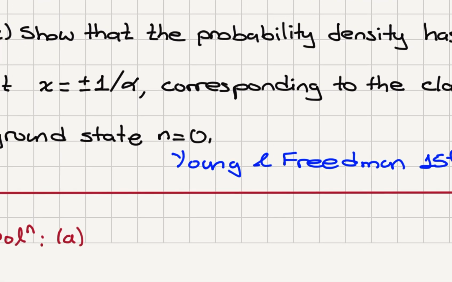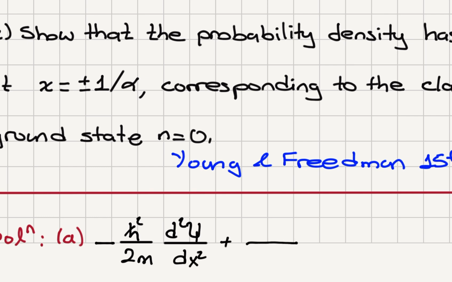So let's write down Schrödinger's equation for the one-dimensional harmonic oscillator. It is minus h bar squared divided by 2m times the second derivative of the wave function, d squared psi dx squared, plus the potential term 1 over 2 m omega squared x squared.